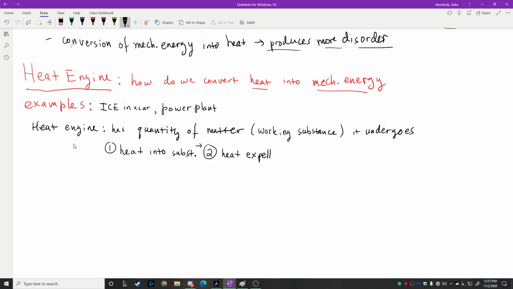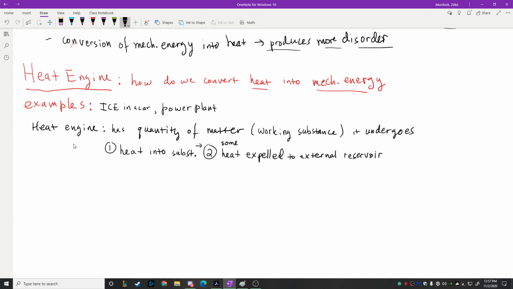So the heat comes in, and then some of that heat is expelled to an external something. I'm going to call it a reservoir, something that can take on this extra heat. And the idea is that the heats are different. There's heat that comes in, there's heat that goes out, but whatever the difference is, that's where we're going to get the energy.